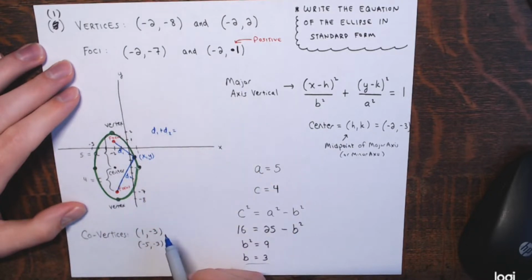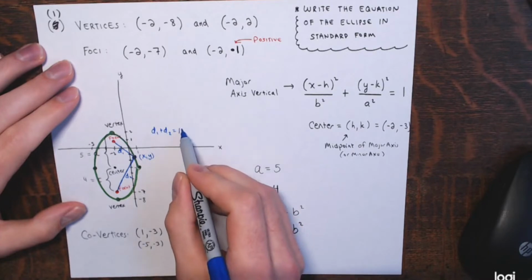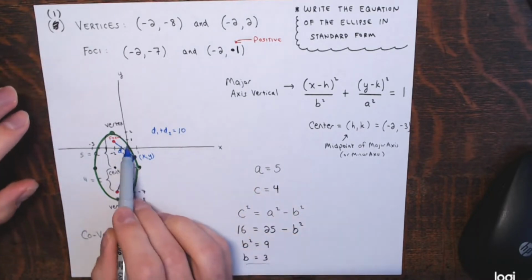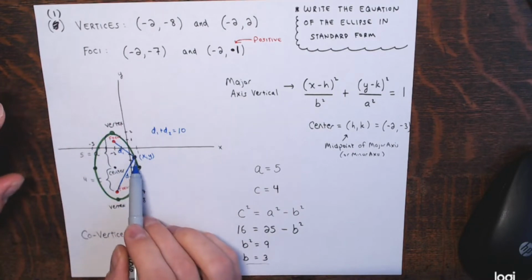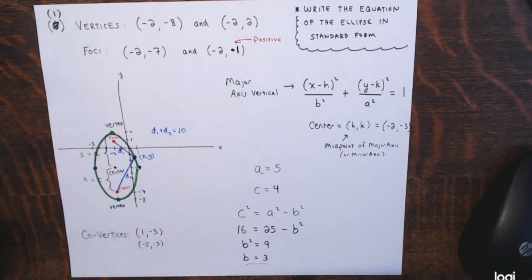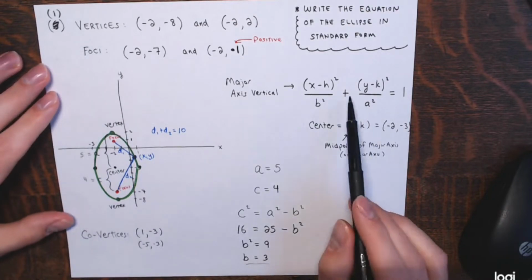In this case, it's going to be 10 all the time. It's just 2a, the length of the major axis. So if you did that, take any point on the ellipse, take the distance to one focus, add the distance to the other focus, it's always going to be 10. Alright, but again, that's not important either. That's not what I'm trying to do here. I'm trying to write the equation of the ellipse in standard form.